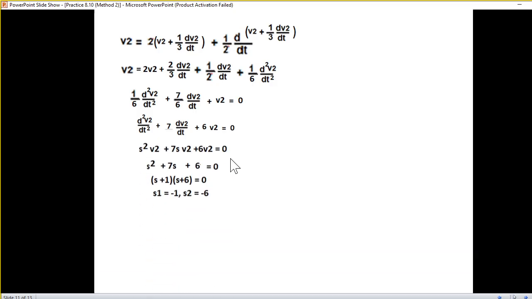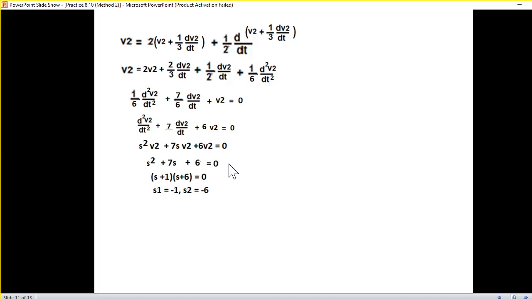Now to simplify this, we write S for d over dt, so S square V2, plus 7SV2, and 6V2. Take V2 common, and equate to 0 on the right hand side.